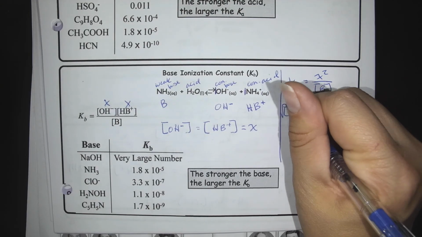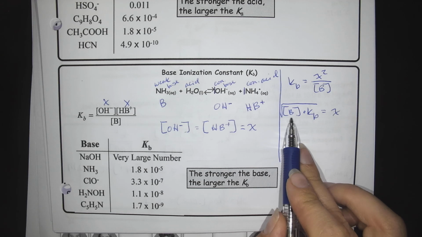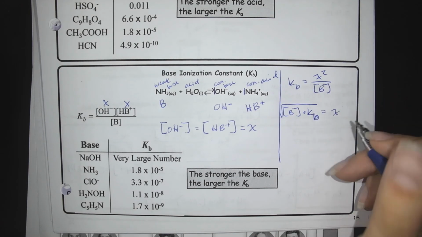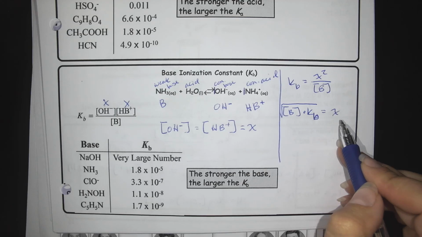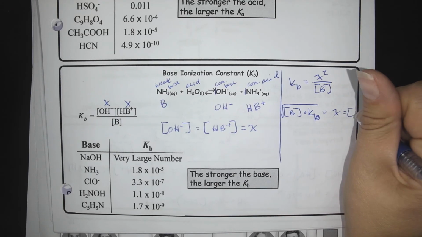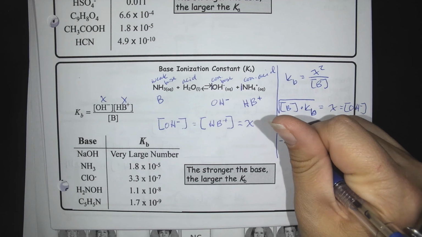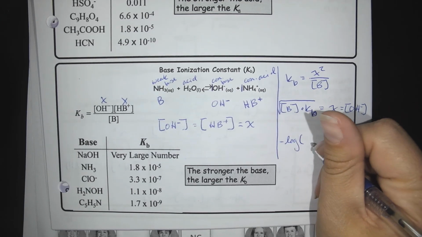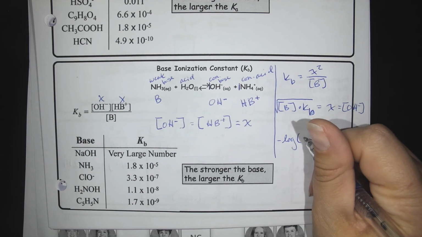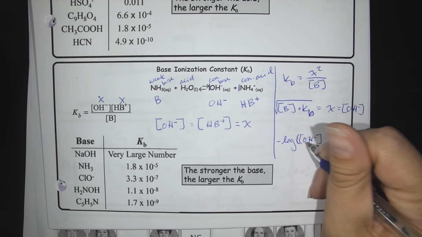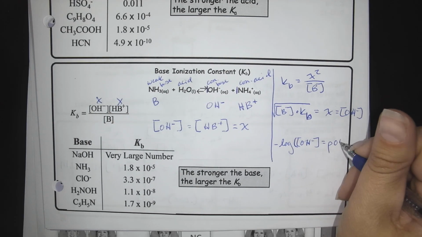So if we take the square root of both sides, the square root of the concentration of the base times Kb equals x, which is your concentration of hydroxide. In order to get pOH, you would just take the negative log of whatever that x value, that concentration of hydroxide, is. That would be pOH.